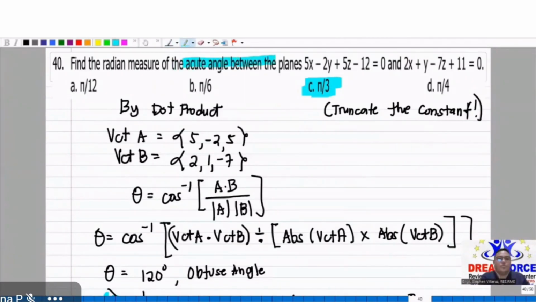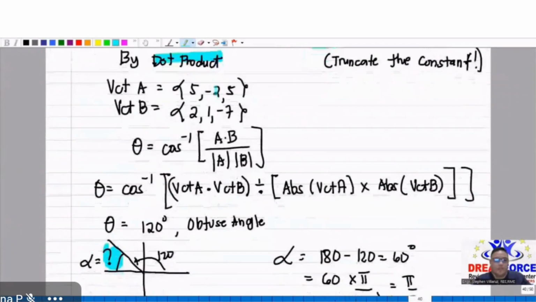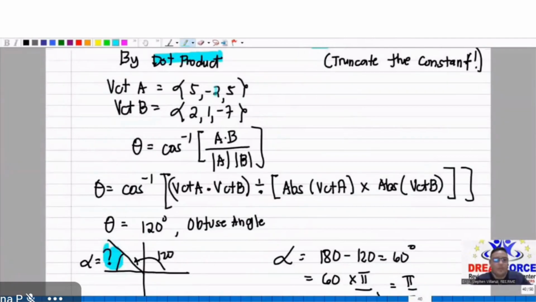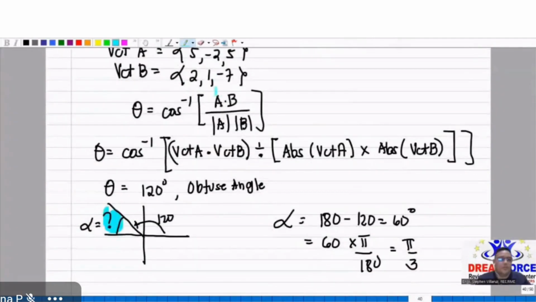Radian measure of the acute angle between the planes. So, dot product lang yan. Then, apply your arc cosine. Pero ang problema dito, ang nakuha niya is yung obtuse angle, which is 120 degrees. So, kunin nyo yung nandito sa kabila. So, that is pi over 3.